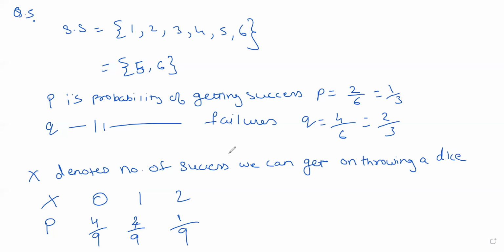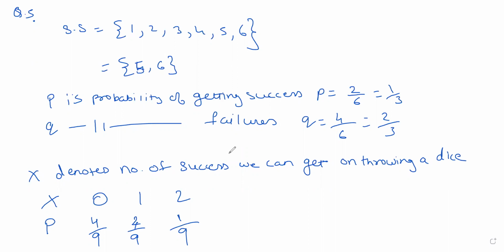If P is the probability of getting a number greater than 4, that is being successful, so it will be 2 by 6 or 1 by 3. So what is Q? Q is probability of not getting success, that is getting failure. So if getting success is 1 by 3, not getting success is 2 by 3.